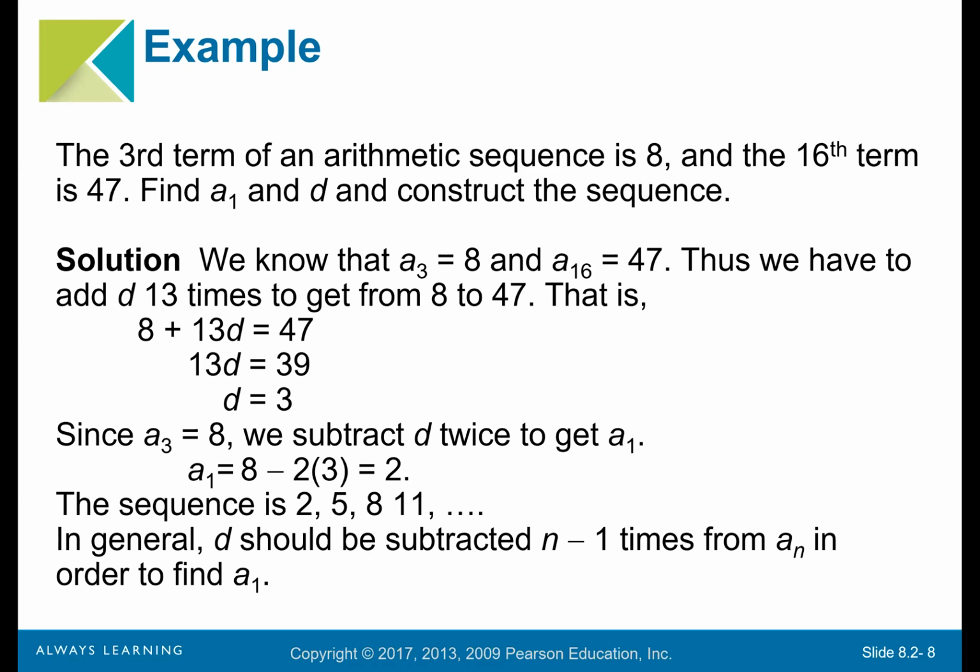So in that case, they're not telling us n. They're telling us that's going to help us find d. So they didn't really point this out very well, but they're plugging this into the formula. They started with the 8th term. They added d 13 times to get 47. That's going to help us find d.